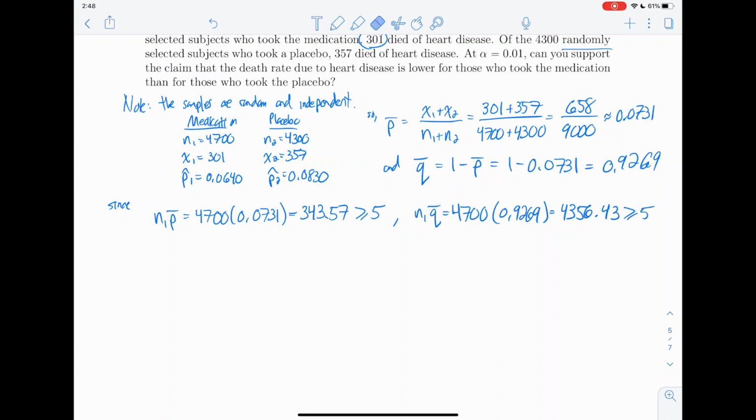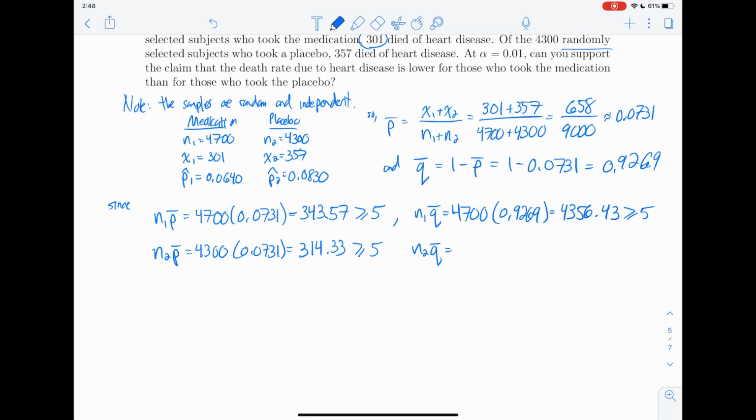And then we're going to do the same set of computations, but with the second sample size. So that's going to be with N2 P bar and N2 Q bar. N2 P bar is going to give us 4,300 times 0.0731. That looks like it's giving us 314.33, which is greater than or equal to 5.